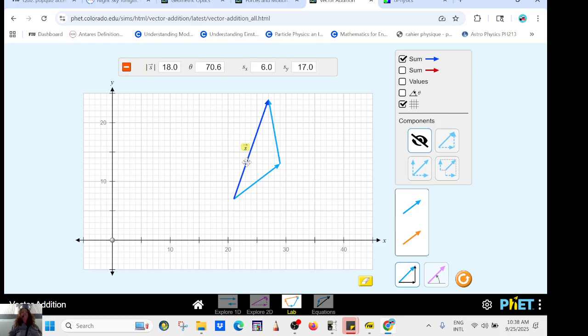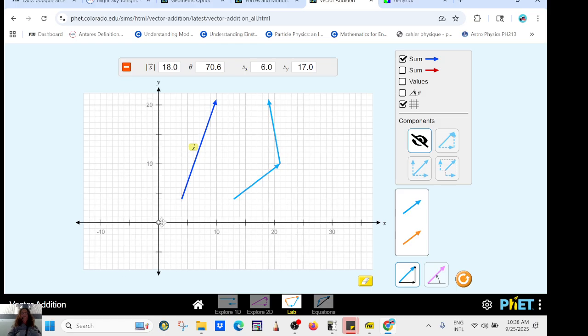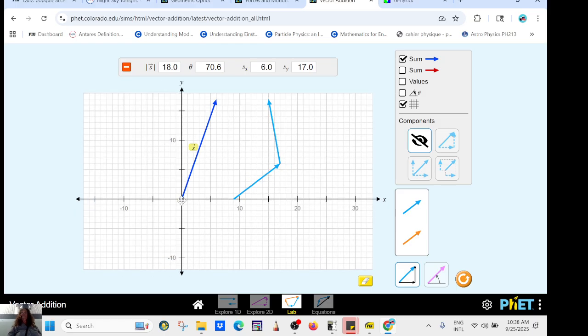Algebraically, to find the x component of the sum, you add the x components of the first and the second vectors. To find the y component of the sum, you just add the y components of the individual vectors. Is that clear? Each time you have a vector, you need to attach its tail at the origin this way.